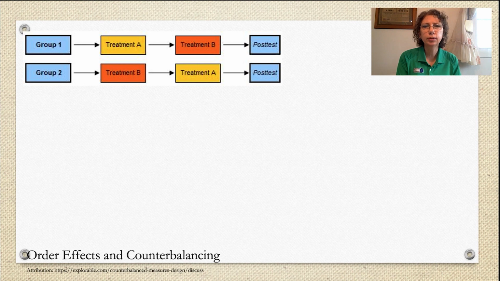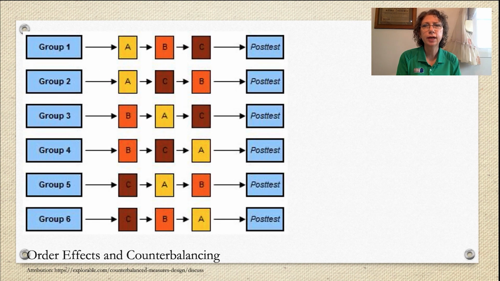It's a little more difficult as you have more independent variable conditions. Like ours has 3, our little what if has 3 conditions. So to be able to get that many sequences, it's basically taking a factorial. And that just means you take how many conditions you have and then you multiply it down.